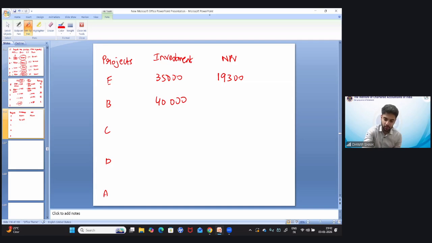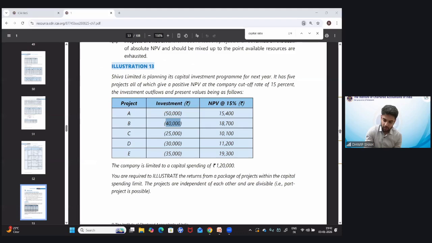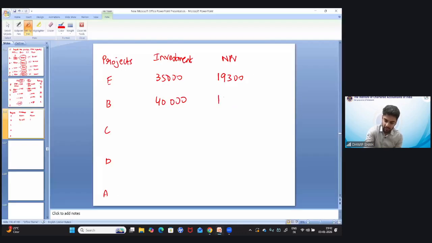Understood? So entire project B can also be taken. ठीक है, सो प्रोजेक्ट B भी अगर पूरा लेते हैं तो it will generate NPV of 18,700. So 1,20,000 में से 35 E में invest किया, 40 B में invest किया, 75,000 चले गए. Balance left is 45,000 still left.